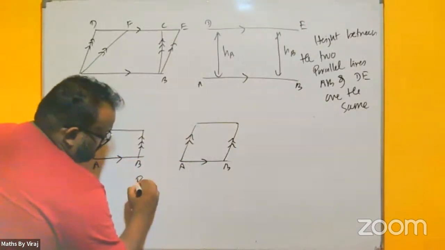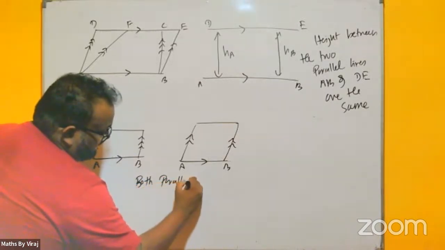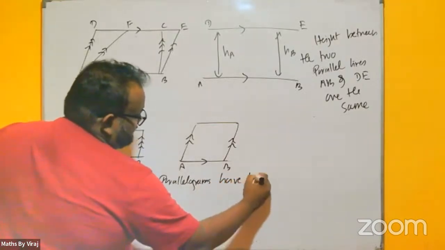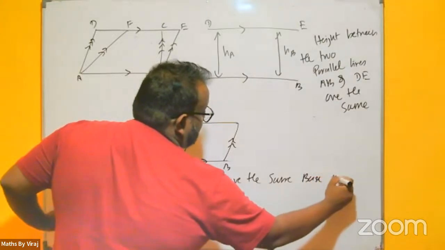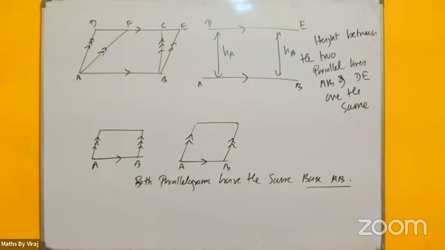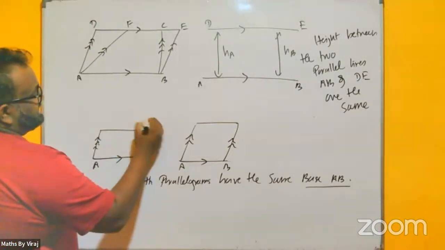Here both parallelograms have the same base AB. They have the same base AB. But the other lines they change.